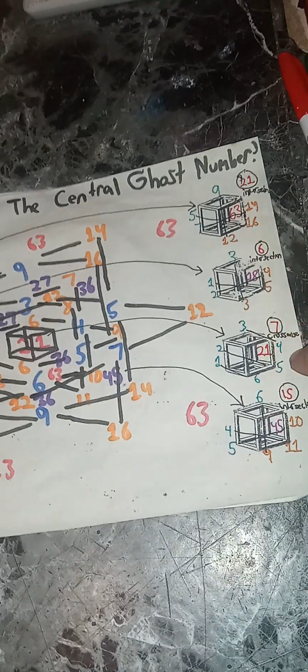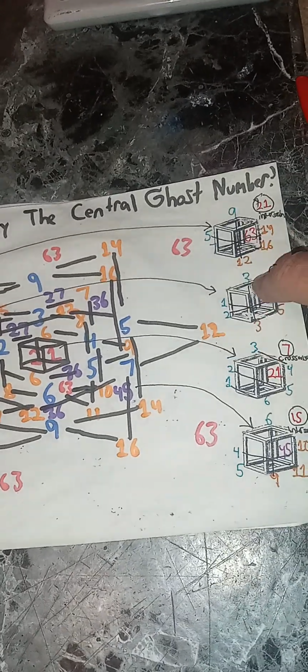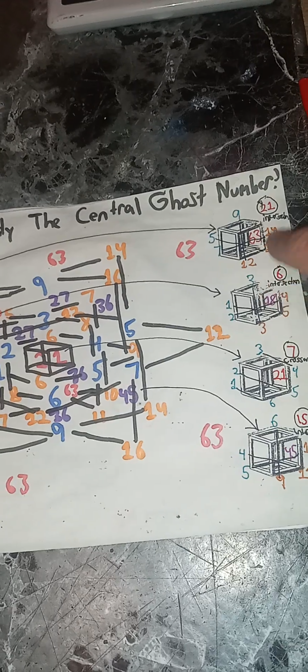But I won't go into that. This is proof enough that the central ghost number in any given magic ghost number array is special. Even if this happened to be a central ghost number in a new magic ghost number cube, that would be special, while its generated array would share the same state. It would be different.